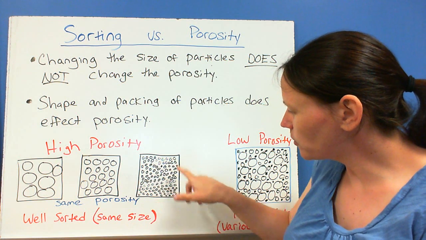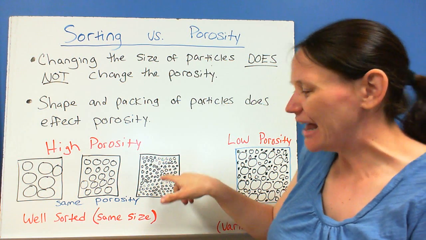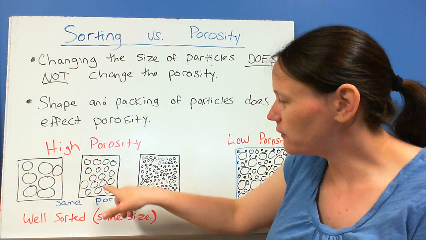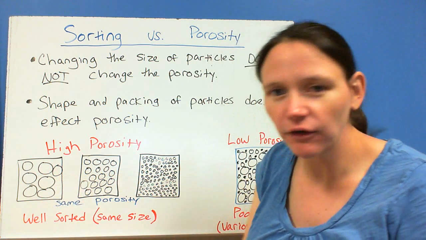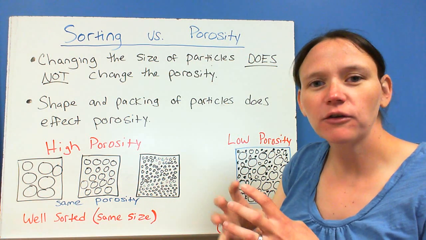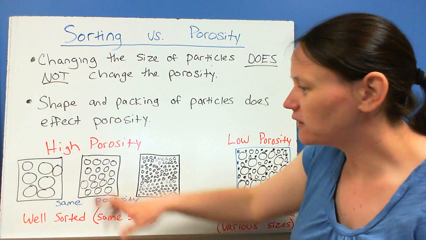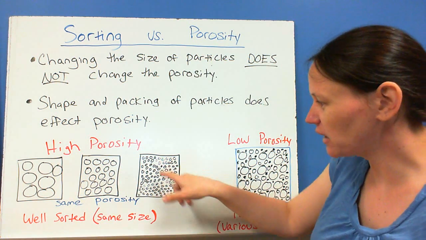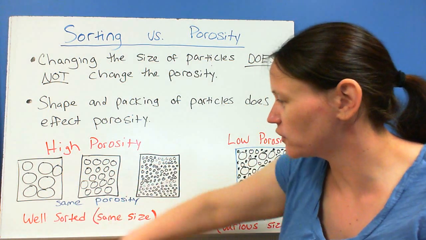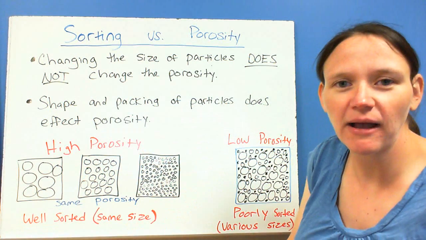So all of the little pore spaces here add up to the same amount as you have here and in here. So the size of the particles doesn't matter. It's how they're sorted. So this would be considered high porosity because there's a lot of little spaces or big spaces over here that the water can travel down through.